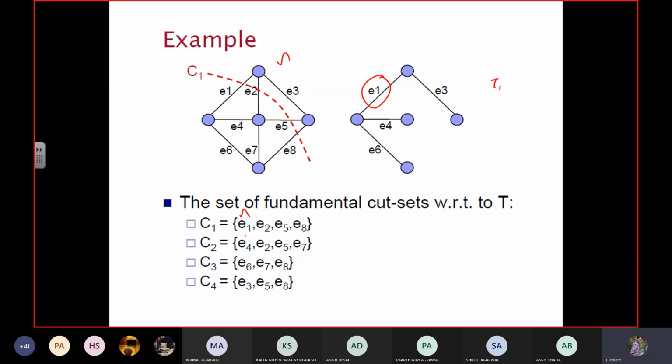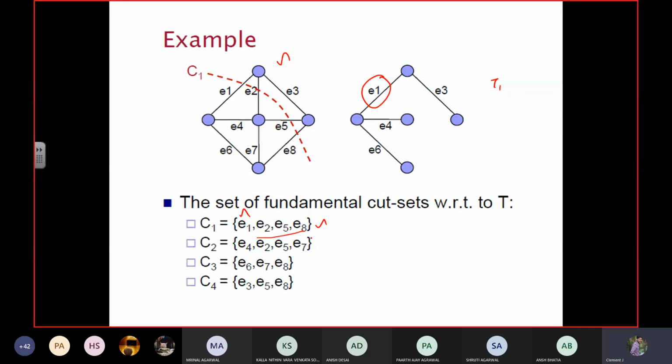There are no other branches in this cut set 1. You are allowed to have only one branch in your cut set. Next, the remaining edges may be the chords of your spanning tree. But you are allowed to have multiple chords in your cut set, while you are restricted to use only one branch of the spanning tree. If you are able to create such a cut set, then such a cut set is called a fundamental cut set.